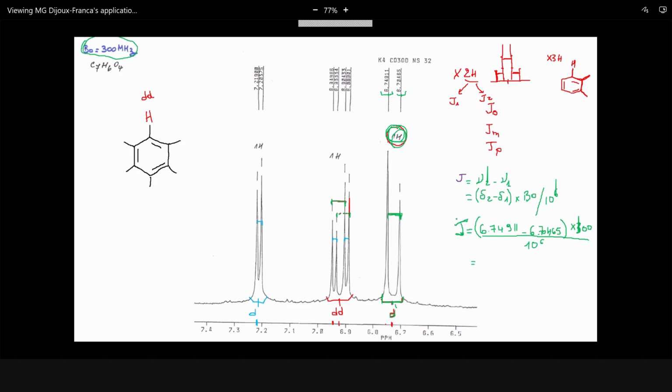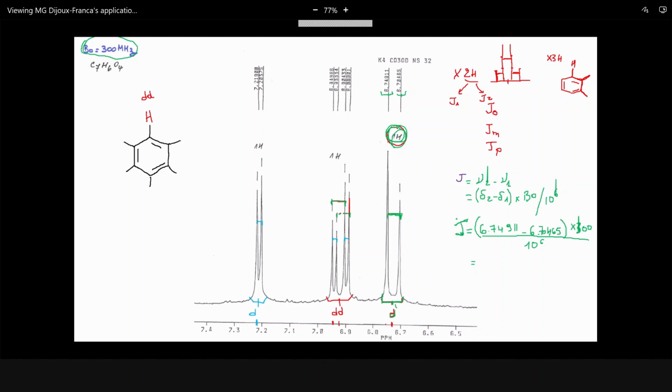I think the result is 4.45 multiplied by 10 to the power of minus 6. No, there is a problem. 74,911 minus 6.7465 times 300 is.